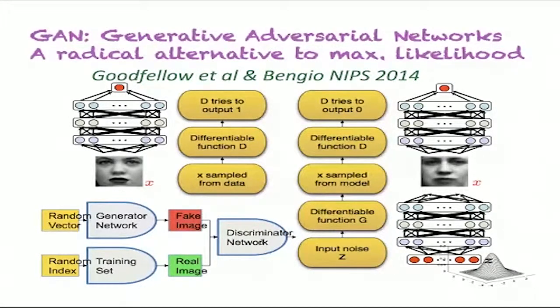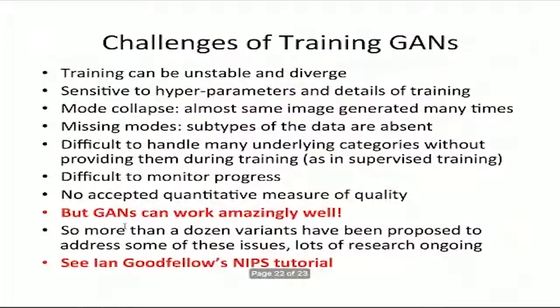However, in practice, it's not that simple because we don't typically have the time to fully train a discriminator for each particular training step of the generator. Go back here. One of the things that has been observed from the beginning is that the training of GANs can be very, very sensitive to hyperparameters and the particular details of training.